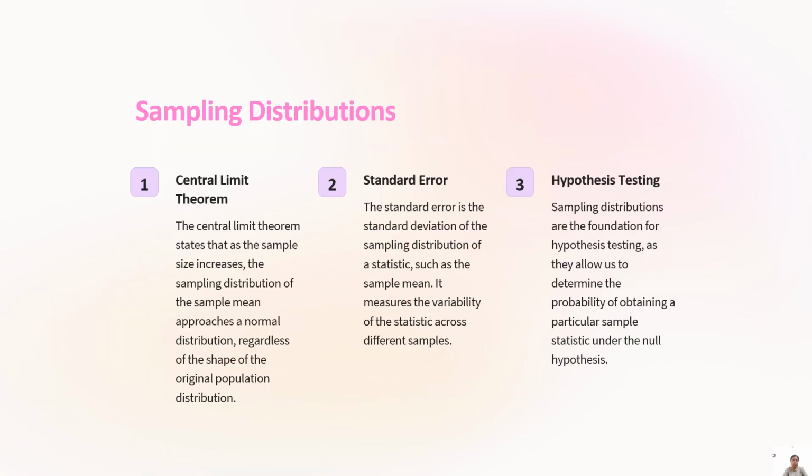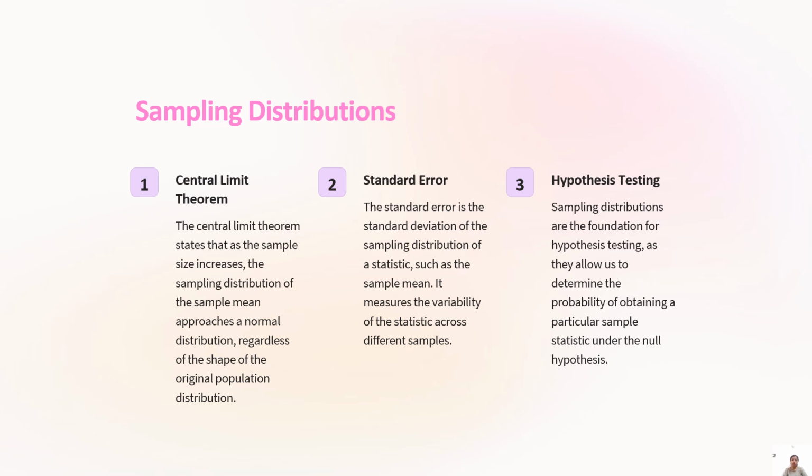Sampling distributions. Central limit theorem. The central limit theorem states that as the sample size increases, the sampling distribution of the sample mean approaches a normal distribution regardless of the shape of the original population distribution. Standard error. The standard error is the standard deviation of the sampling distribution of a statistic, such as the sample mean.